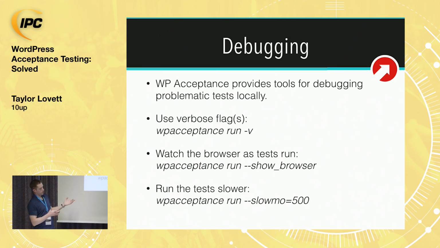Probably the most important thing is the show browser flag. When I pass that show browser parameter to the command, it's going to pop up the browser and show it as it interacts and runs your code. That was like the video I showed you. You can also tell WP Acceptance to slow down. If things are happening too fast, you can tell it to slow down and watch as it interacts with your application.